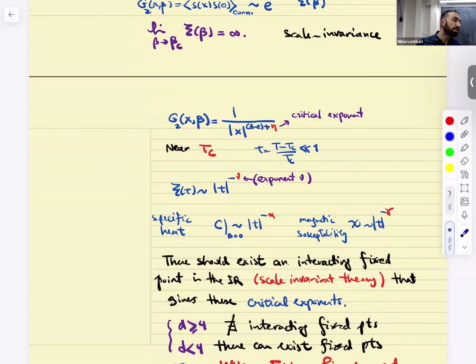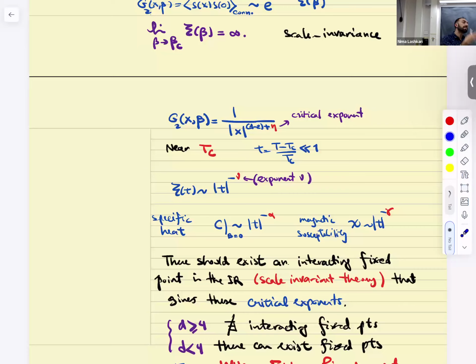There are other quantities that show scaling laws, like specific heat and magnetic susceptibility, but the punchline is that a phase transition is a non-analytic behavior of the free energy in terms of the thermodynamic variables, right?